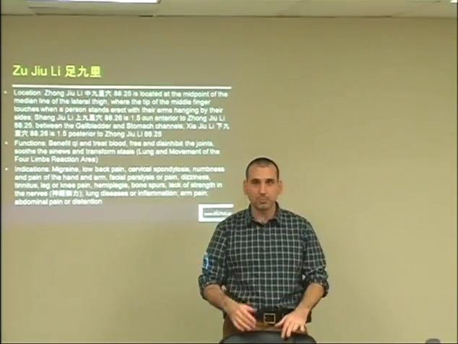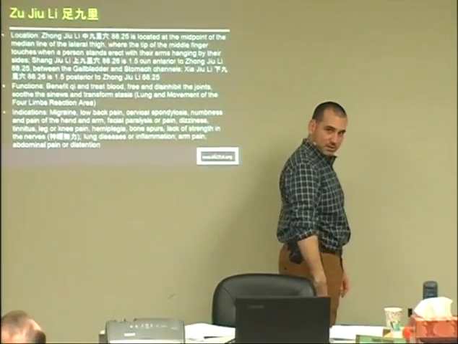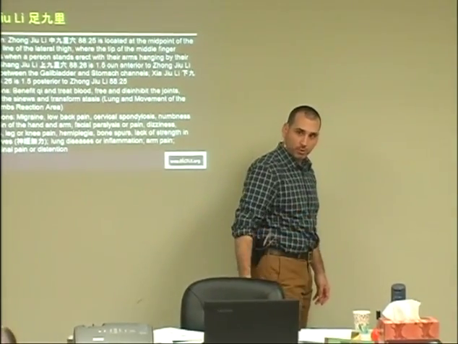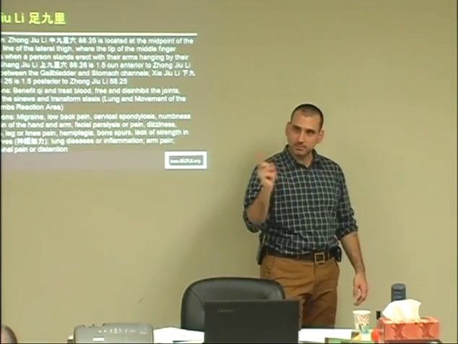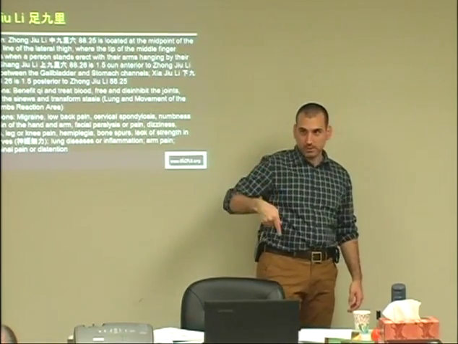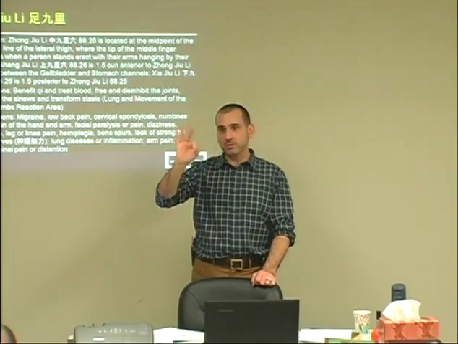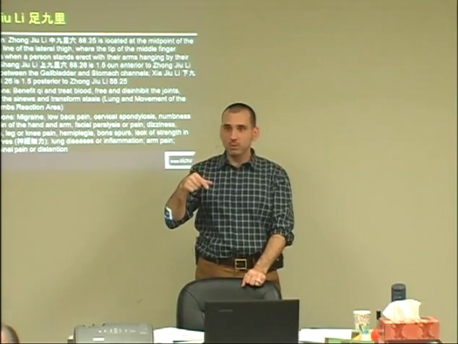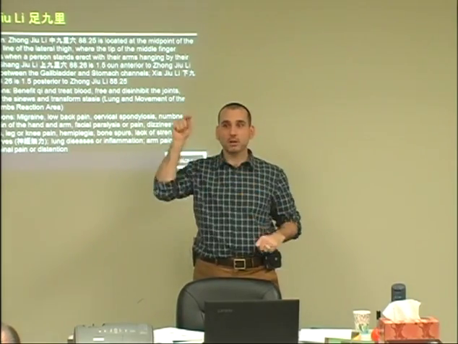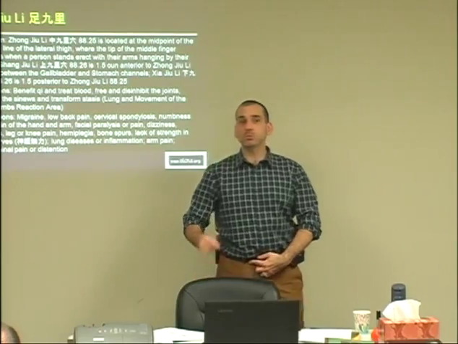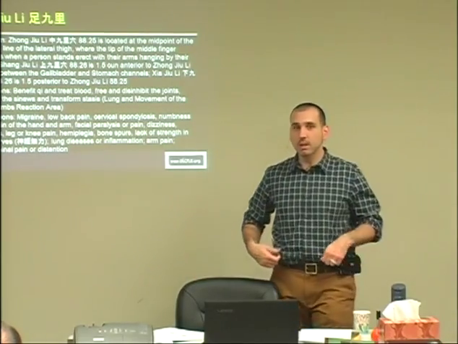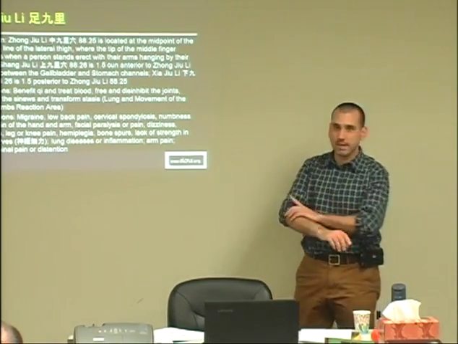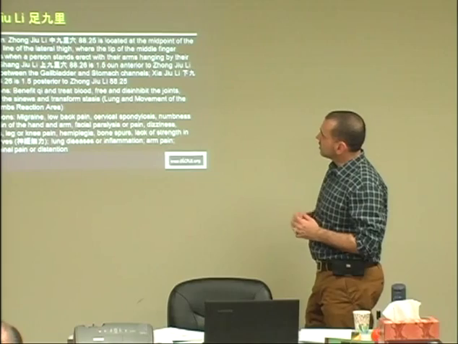I would beg to differ, because here we have anterior and posterior on the gallbladder channel. This is clearly a horizontal Dao Ma group. So we can needle across channels, we can needle along channels. We can even do the 3 basic methods of creating a Dao Ma group: along channels, across channels, or in a triangular pattern, which means 2 points on one channel and 1 on a channel next to it. And we'll see tomorrow when we do lower limb problems more examples of triangular Dao Ma group combinations that are fairly common in Dong's acupuncture.